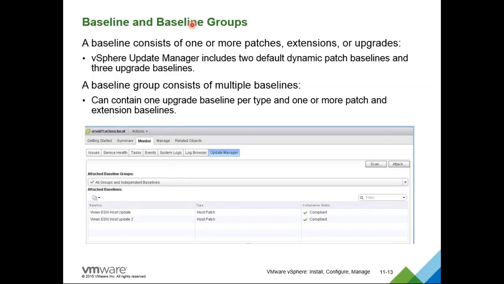So under baselines, you will have the patches, extensions and upgrades. Inside baseline, you can create multiple baselines. Update Manager segregated dynamic patch baselines and 3 upgrade baselines. What are those? We can see it while configuring the baselines on your update manager. So coming to the baseline groups, it contains multiple baselines.